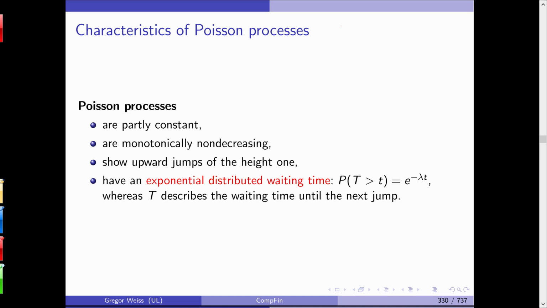And they have an exponentially distributed waiting time, and the probability of the waiting time capital T being larger than t is the exponential function with this Poisson intensity lambda as a parameter. And t is the waiting time until the next jump.